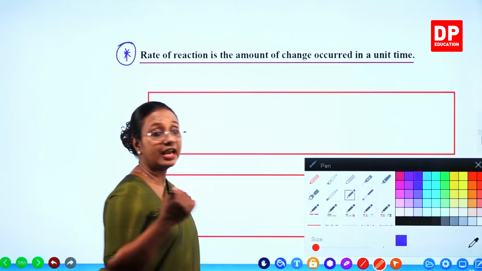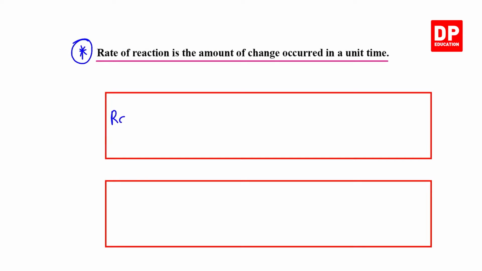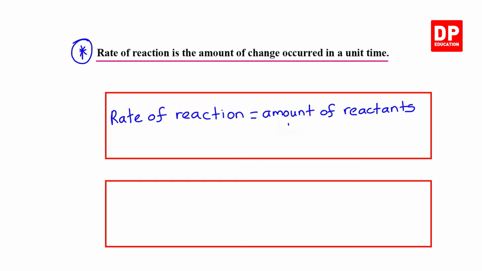To do that, we can use two equations. One is: rate of reaction equals amount of reactants used up divided by time taken.